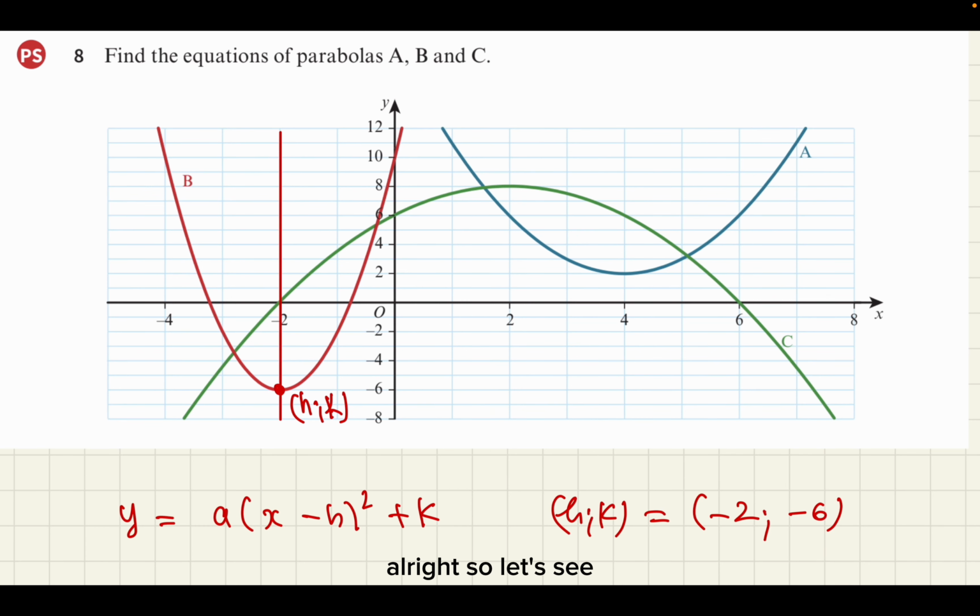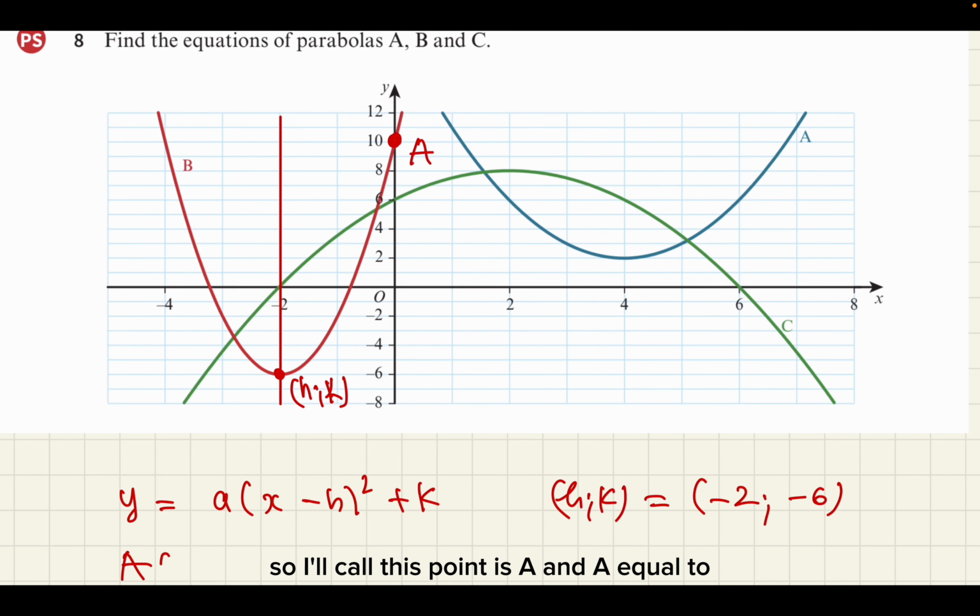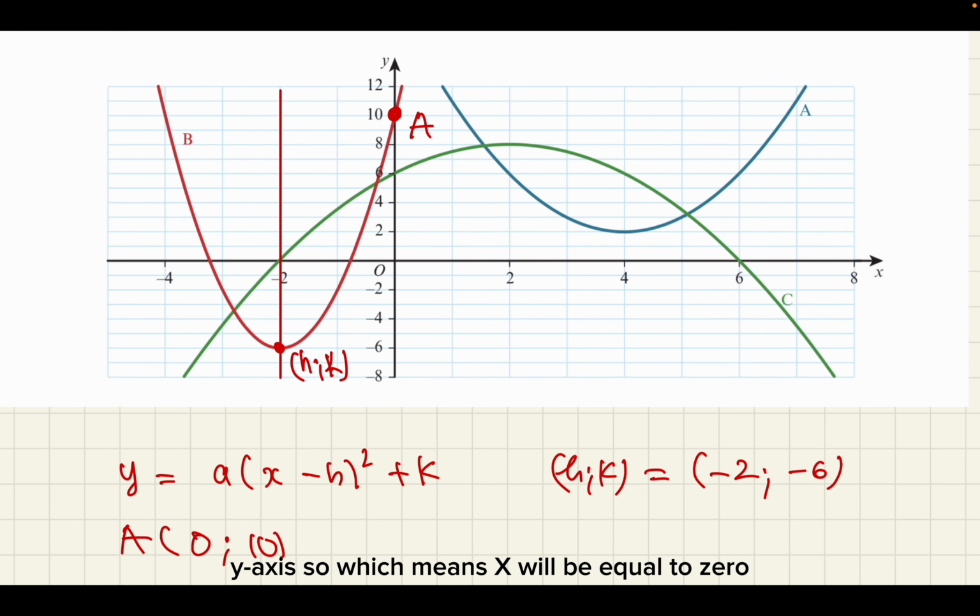Looking at the graph, we can see a special point. I'll call this point A, and A equals (0, 10) because it crosses the y-axis, which means x equals 0.